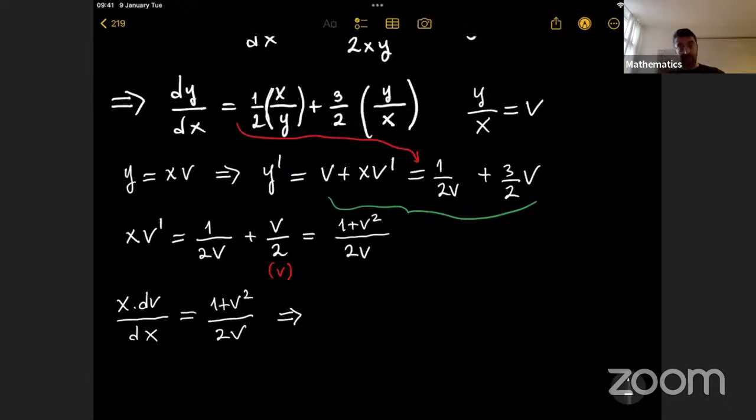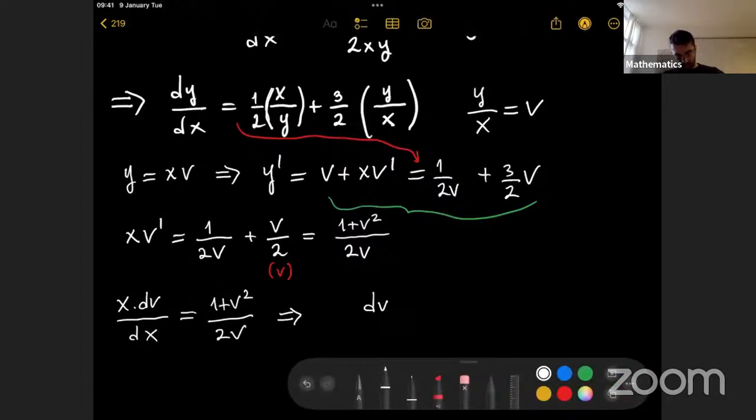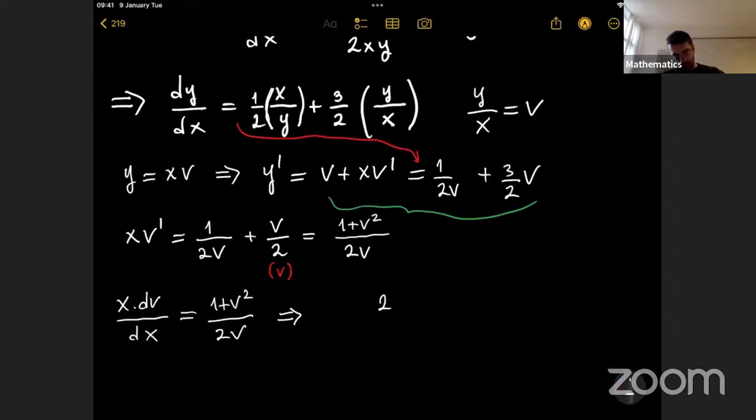It's a separable equation now. Okay. So it's going to be 2v dv over 1 plus v squared. Let's integrate this. On the right-hand side, we have dx over x. So we cross multiply, sort of, okay? dx over x and integral.